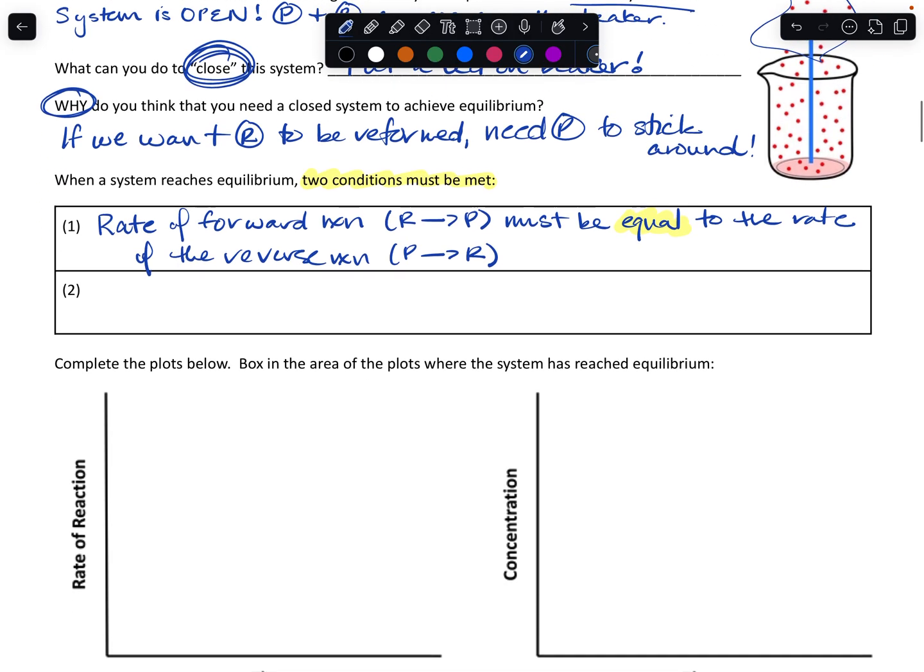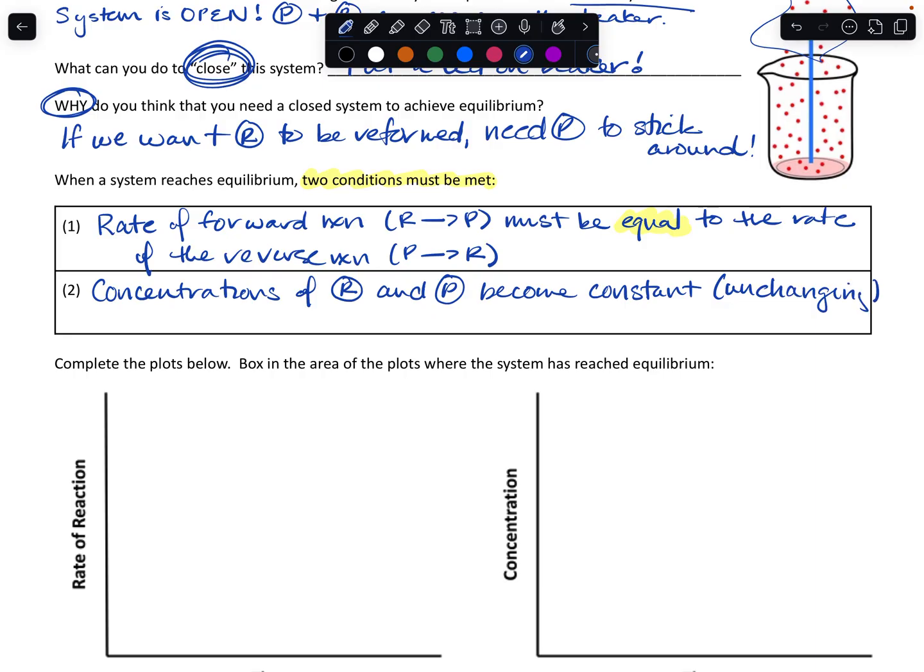And when that happens, the second condition is met because of that equal rate. And that is that the concentration of our reactants and our products become constant or unchanging.